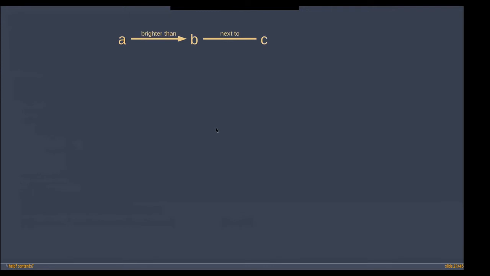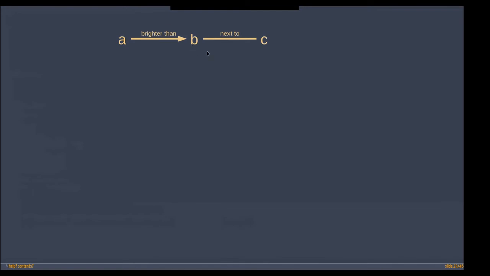The best way, I think, to understand this is by looking at an actual state of affairs. Let's say this one. We have three objects, A, B, and C, and we have two relations: A being brighter than B, and B being next to C. That's something quite ordinary.